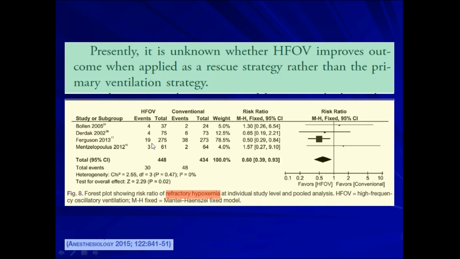So this is half of the patients who used to have refractory hypoxemia. And the other trials as well, in Poland and Derdak. So in refractory hypoxemia, it favors high frequency oscillation. Is it an evidence? It's not a real evidence, but this is one of the options, as we said.